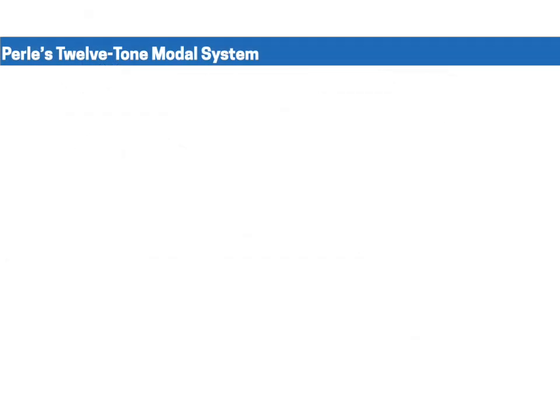Perle's 12-tone modal system is based on interval cycles and inversional symmetry. Perle would begin his compositional process by combining an interval cycle with its inversion into a series of pitch classes.